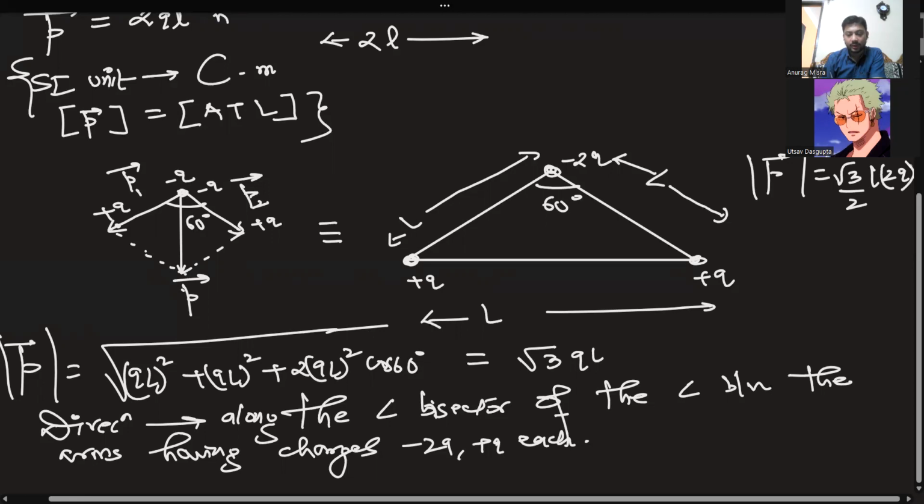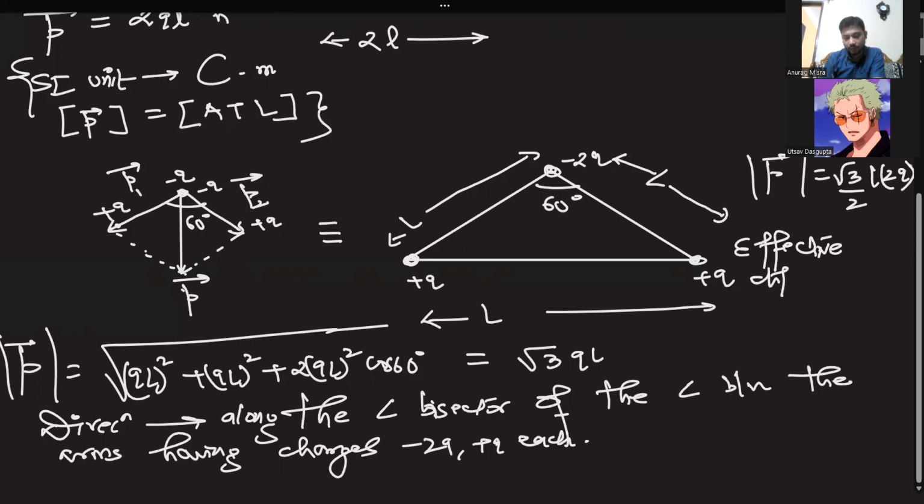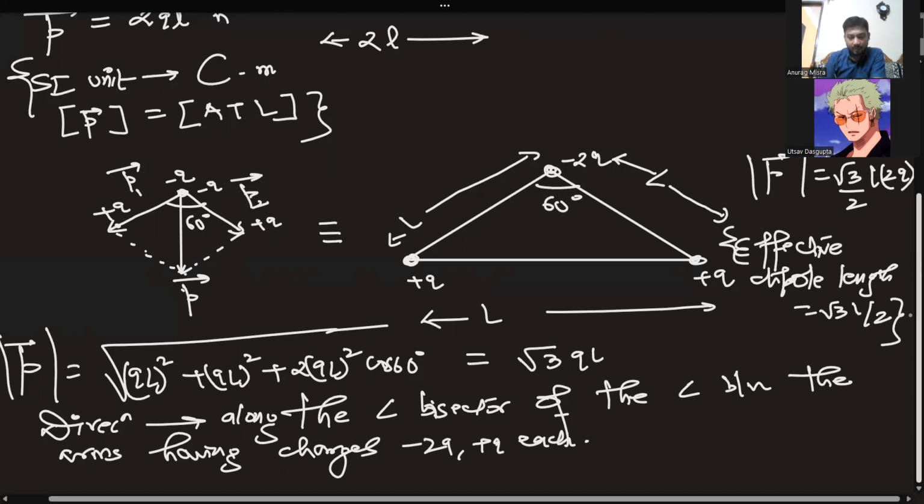Ultimately it seems that the effective dipole length will be equal to √3L/2, as if my -2q is here and virtually, at a distance √3L/2, which is equal to the height of the equilateral triangle, I have another imaginary charge, suppose plus 2q.